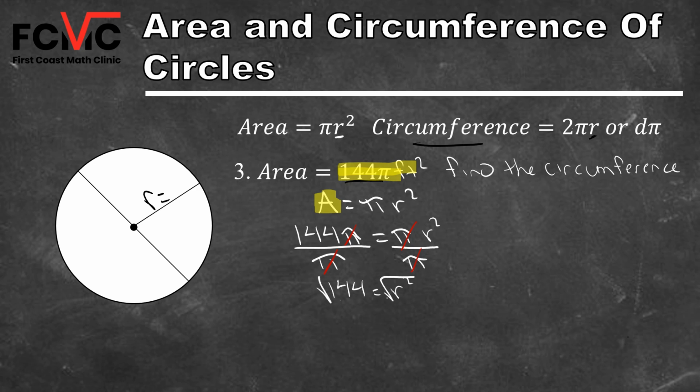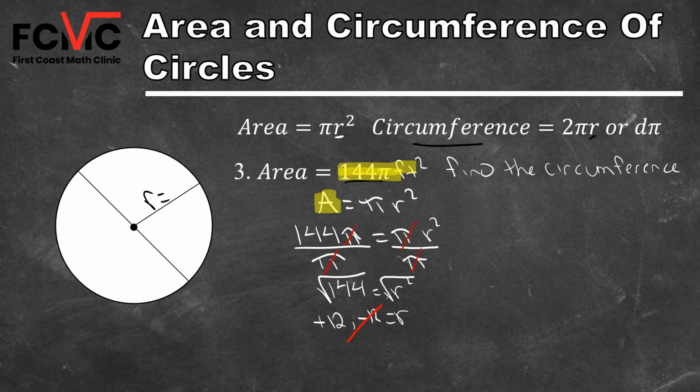I'm going to take the square root and square root. So the square root of 144 is going to be positive 12 and negative 12. Now, if we think about this though, right, we're dealing with a physical distance, right? So which of these doesn't make sense if we're dealing with a physical distance? The negative answer doesn't make sense.